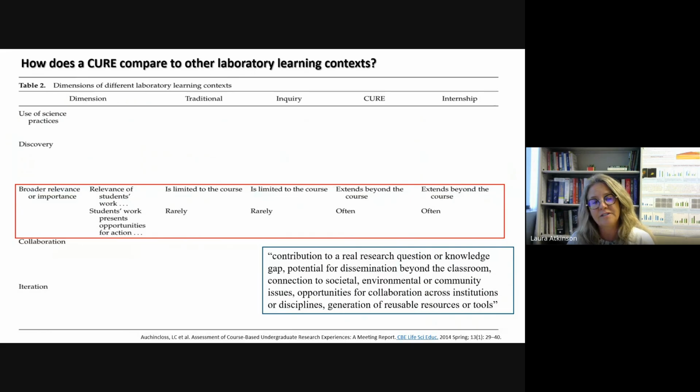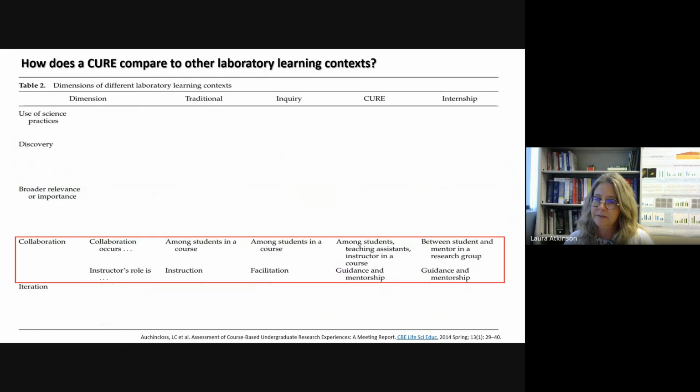However, with CUREs, the relevance should extend beyond the course, given that the question and the data will be novel. And so it often presents opportunities for students to present their work, maybe connect to different societal, environmental, or community issues, and potentially opportunities for collaboration across institutions or disciplines.